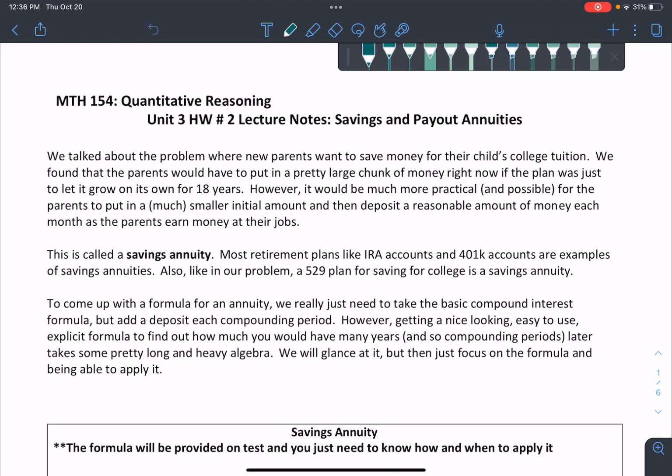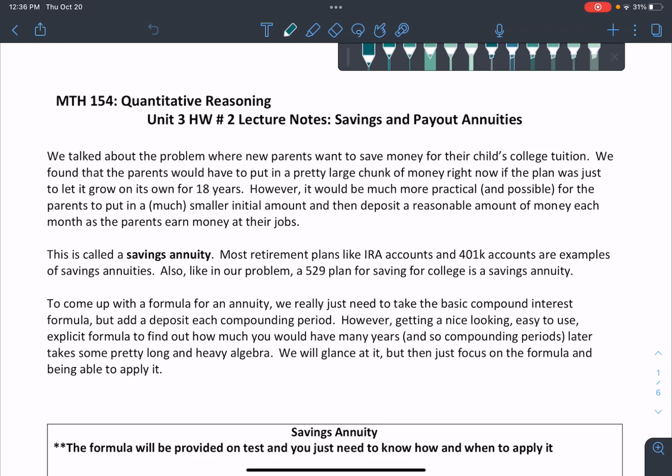What we're going to need to do is slowly put that money away month after month, right? And as we put that money away month after month, if it's a savings annuity, there is hopefully some sort of interest that we're getting, and that interest grows. There's more money in there, and as there's more money in there, there's more interest, right? And then that compounded idea comes back into play.